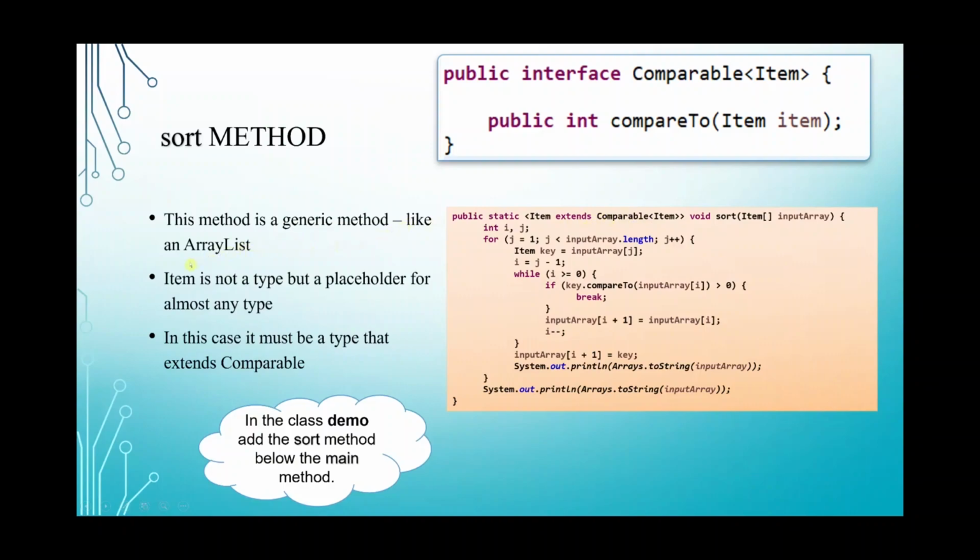But since we don't say implements in a method declaration, we say item extends Comparable, not implements, because we now think of this as a strong relationship that qualifies to be extends. So item is not a type but a placeholder. This is what I said minutes ago. So in this case, it must be a type that extends Comparable.